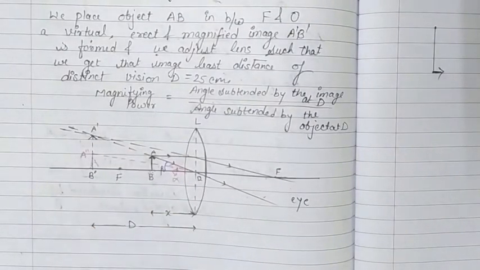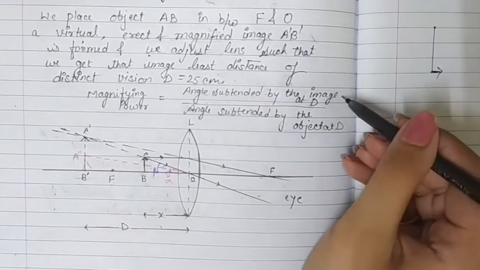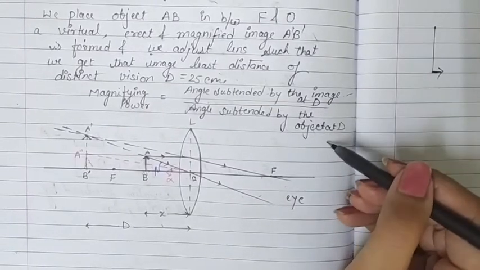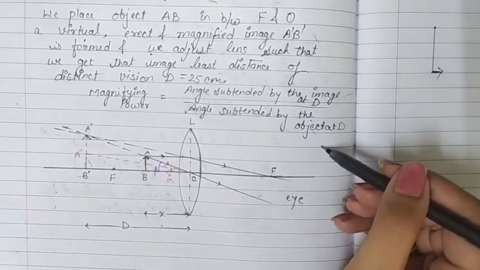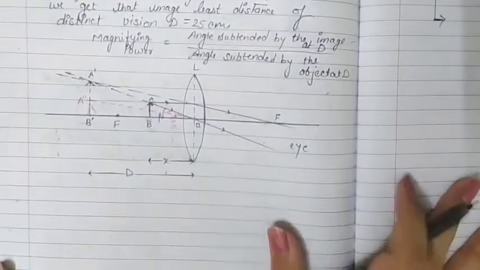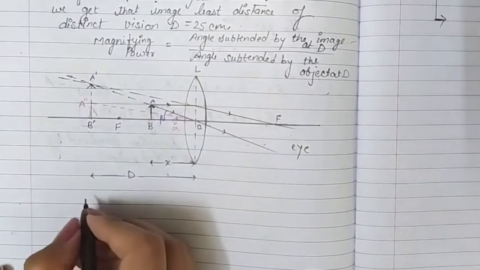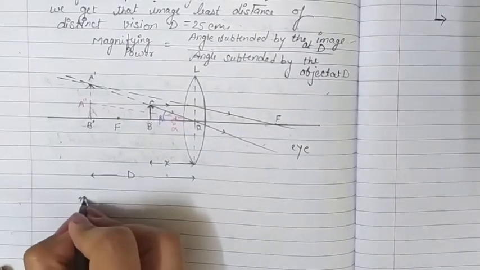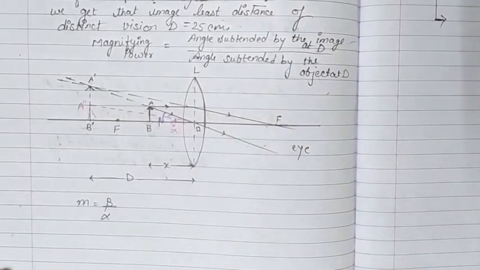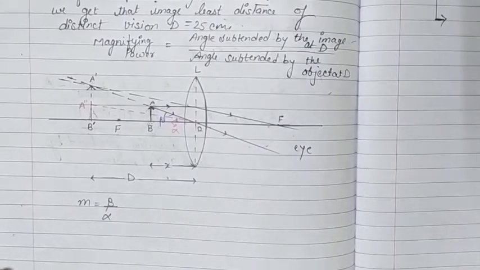So magnifying power is defined as the ratio of angle subtended by the image at D to that of the object at D. Here for the image it is beta, for the object it is alpha, so we can write magnifying power small m as beta upon alpha. This is the magnifying power of a simple microscope.